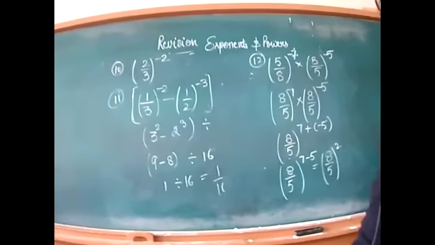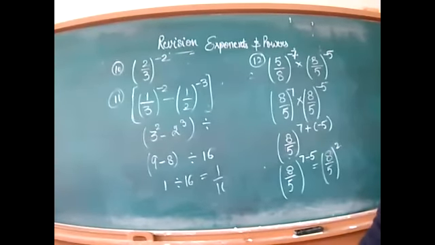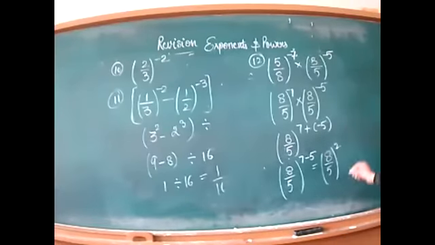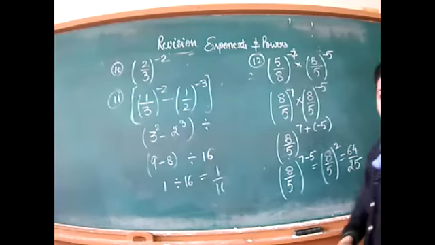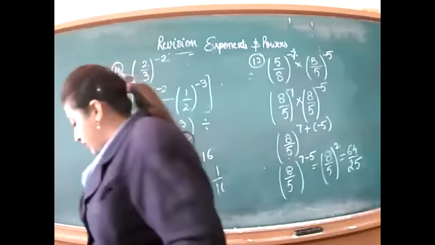If the question is to solve and write in exponential form, then this will be the answer. And if the question is simplification, then you will write the answer completely: 64/25.